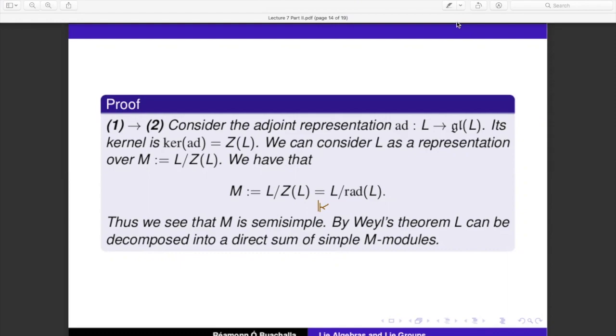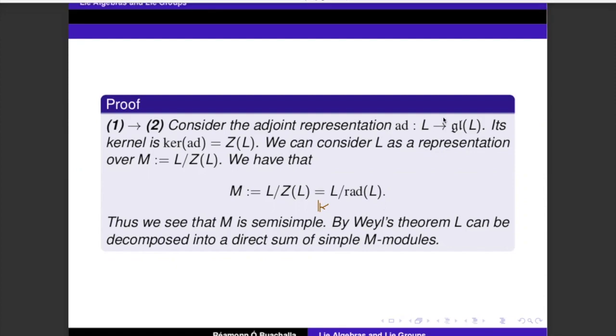We also have that, since the center in this case is equal to the radical, we see that M is going to be semi-simple. Okay, but if it's semi-simple, that means that L is carrying a representation of a semi-simple algebra.